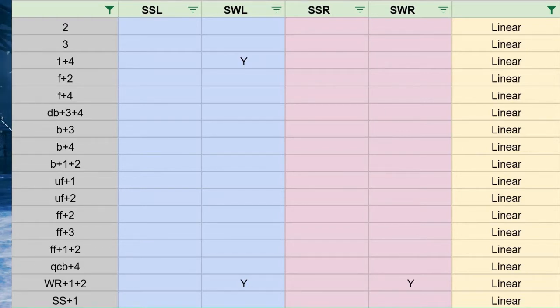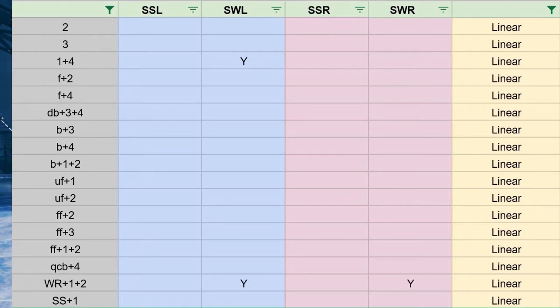They all lose to a sidestep left or a sidestep right with the right timing. 1 plus 4 will track following someone doing a sidewalk left, and while running 1 plus 2 will track someone sidewalking either direction. The reason for that is the timing. If you were to do a sidestep in the last moment against the while running 1 plus 2, once she jumps up, the move becomes linear from then on. If you were sidewalking before they do it, it'll follow. So you've got to have pretty tight timing to sidestep it, I suppose.